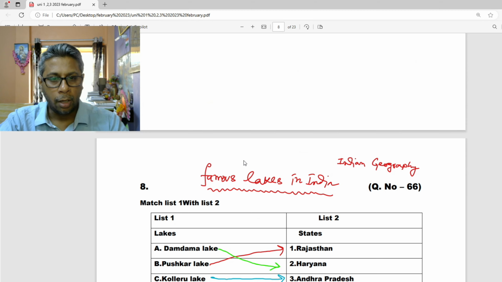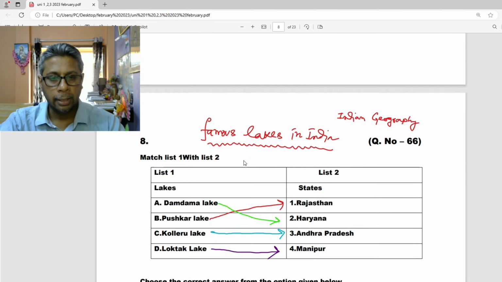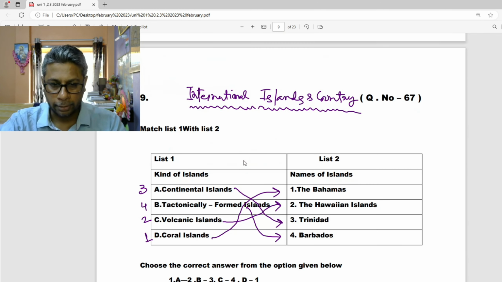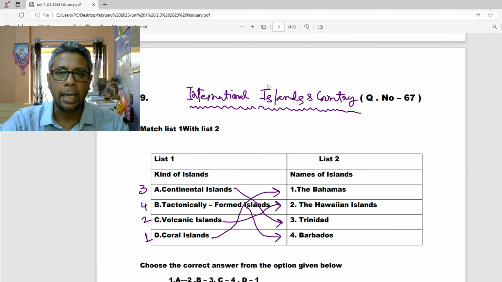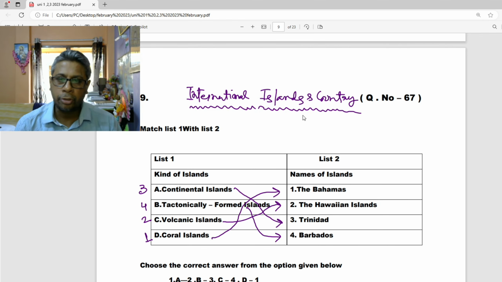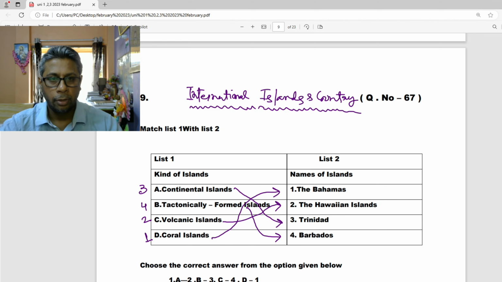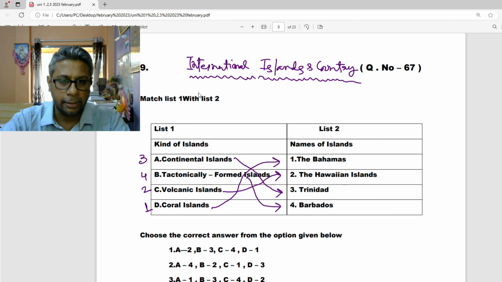Apart from famous river systems, waterfalls and lakes are another important part. Next, international islands and countries. When you prepare the geography of tourism, you have to keep in mind not only Indian geography. According to our syllabus, you have to prepare world geography also. This is the international islands and countries.